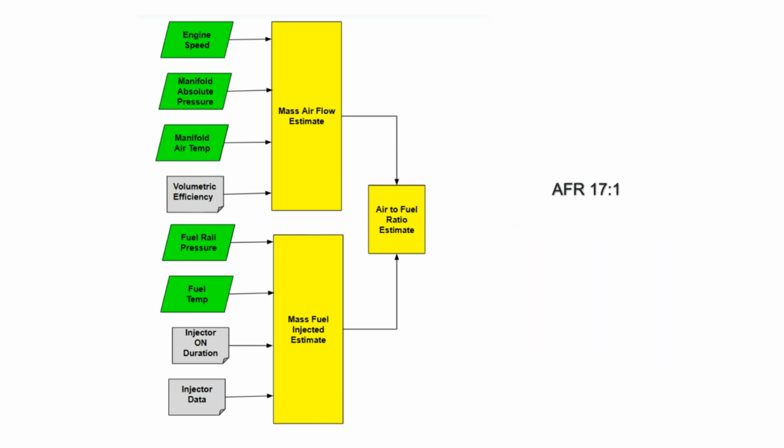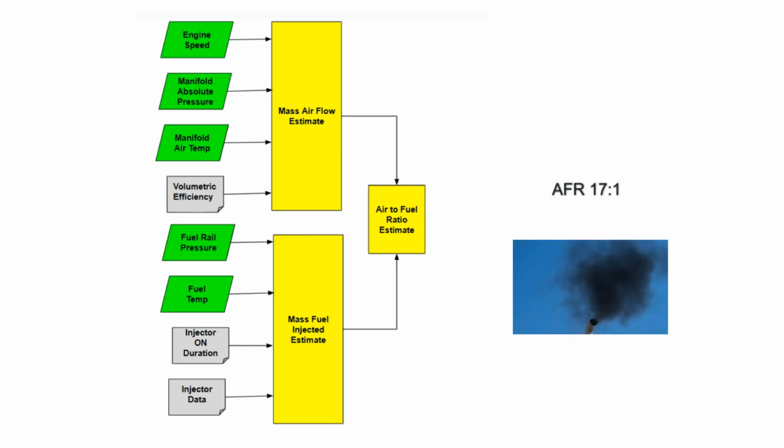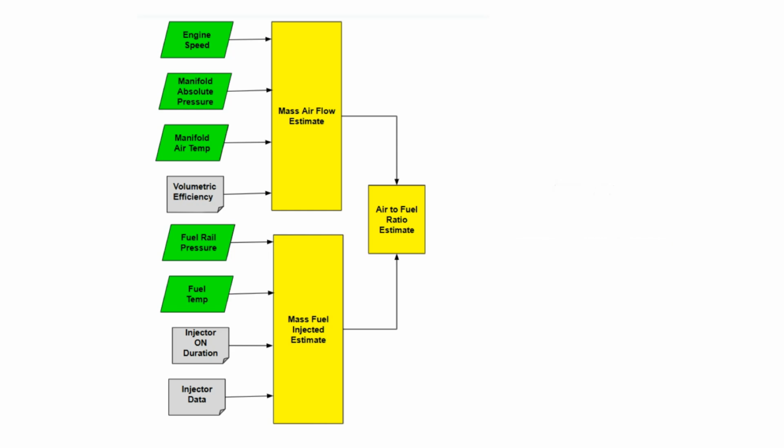Whereas that same 17 to 1 air to fuel ratio in a diesel engine may actually be too rich for a lot of operating conditions, even though both fuels have nearly the same theoretical stoichiometric ratio of somewhere around 14.5 to 1. The diesel fuel has about the same energy by mass or weight as gasoline, but diesel fuel burns at a much slower rate because it's less volatile or evaporative than gasoline.